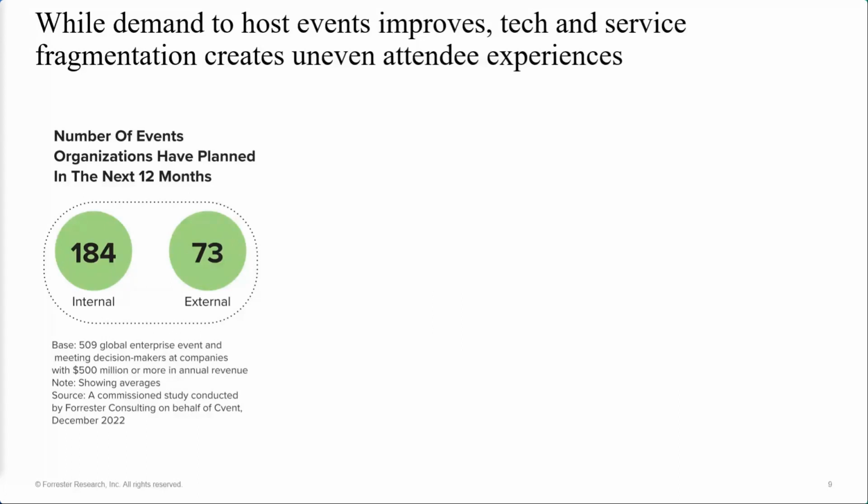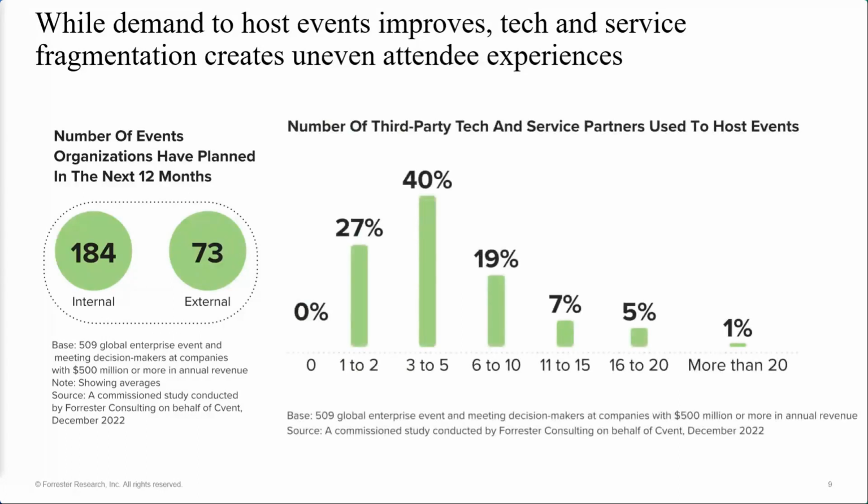But as you do the next build, you'll see that all of these events are being executed and managed by a growing number of technology and service providers. In fact, 2/3 say that they are currently using anywhere from 3 to 15 different platforms to run their major events, or technologies or service providers for their most complex and sophisticated events.